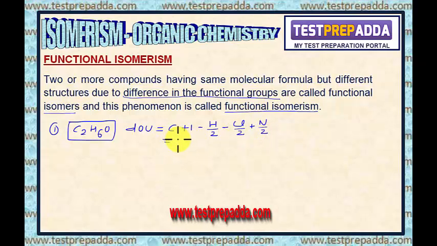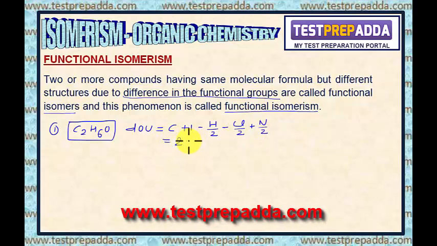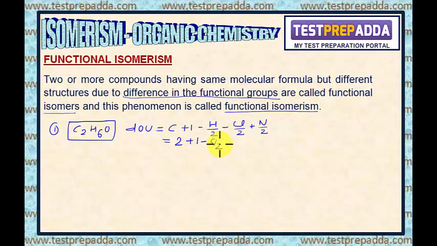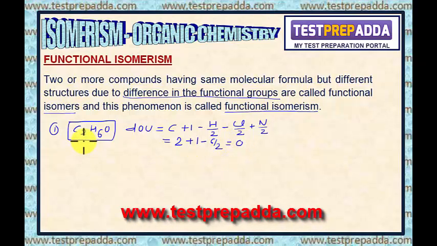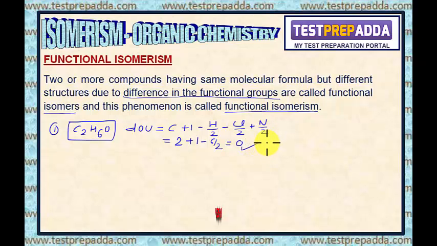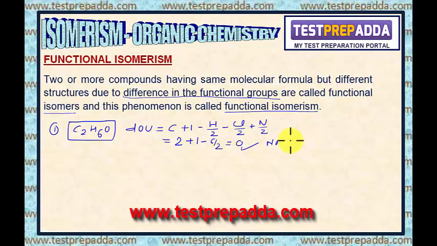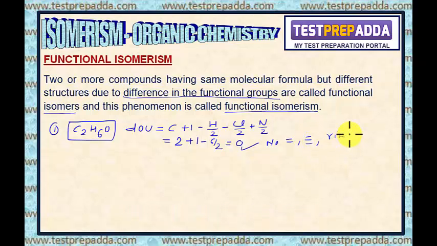So here it will be 2 plus 1 minus 6 by 2, and this value comes as 0. So 0 degree of unsaturation means no double or triple bond or ring.